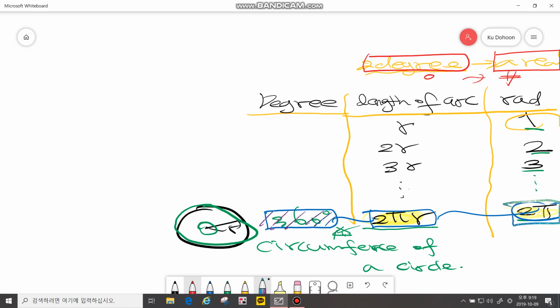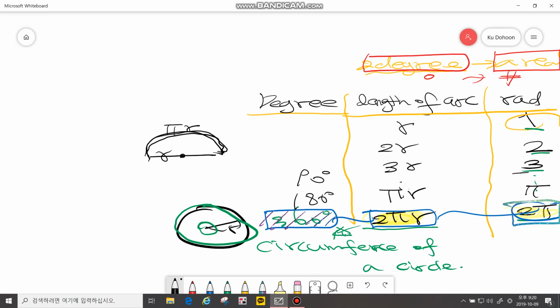Now we can say pi is 180 degrees, right? Because if it is r, this ends up being the half circle, the perimeter, just this part here is pi r, and that is related to 180 degrees. And 90 degrees is related to pi over 2. And it goes on and on.